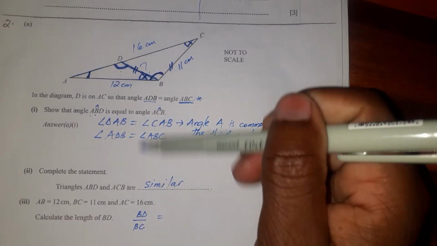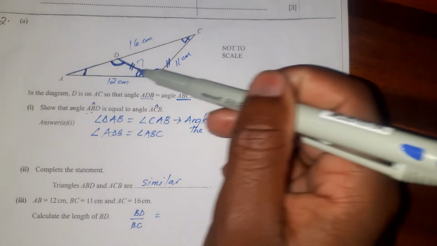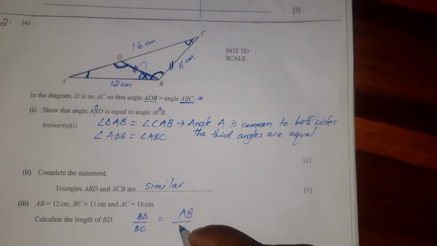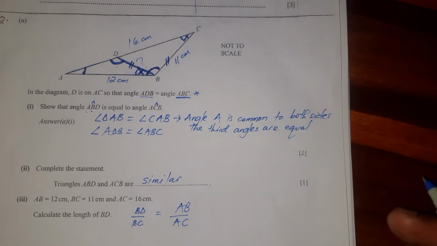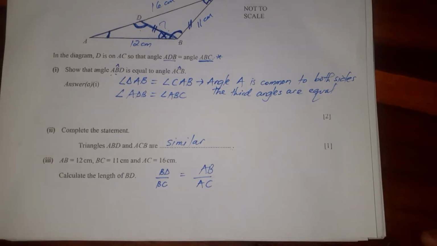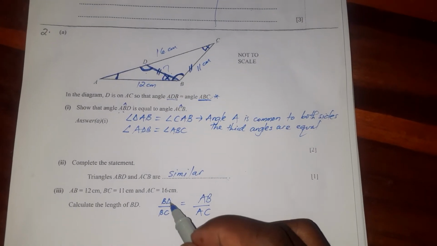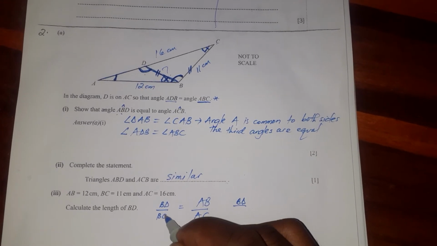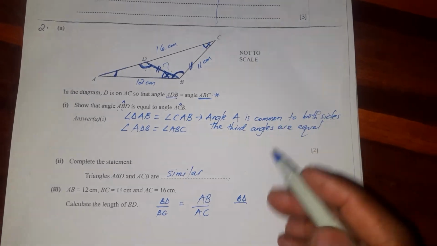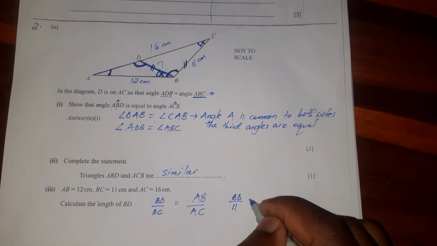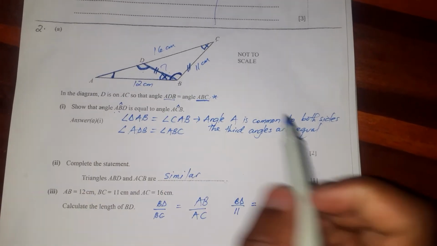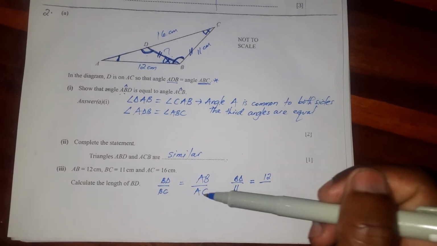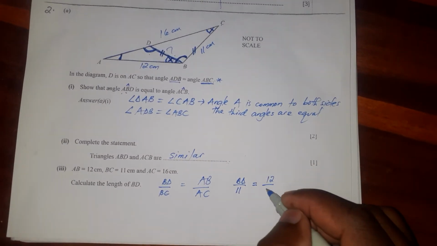But since we started with BD on the smaller triangle, we should also start with AB on the smaller triangle. AB is corresponding with AC. We can now substitute in our formula. We can now say BD over BC. BC is equal to 11. Our AB is 12. And our AC is 16.